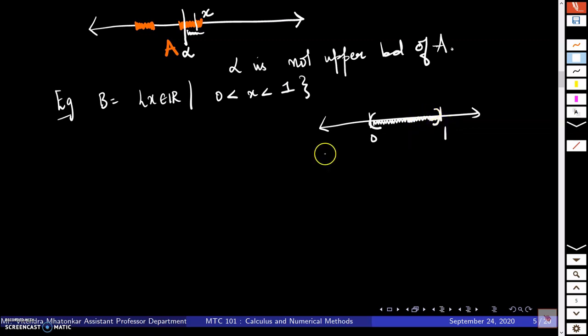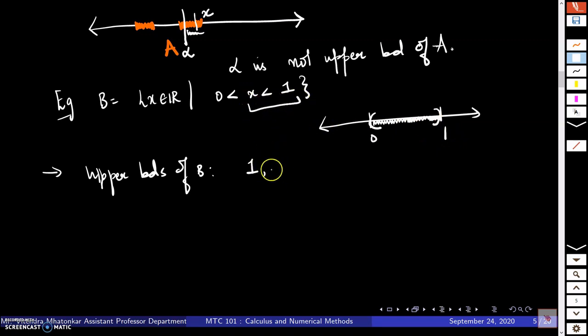Then can we list some upper bounds of B? 1 is an upper bound of B, and any number bigger than 1 is going to be an upper bound of B, because every element of the set B is less than 1, right? From here it's quite clear that every element is less than 1.